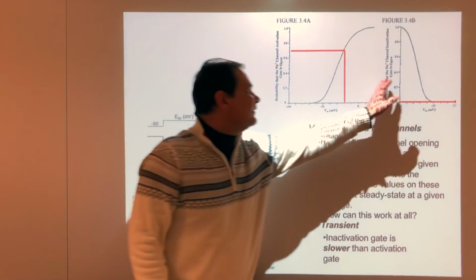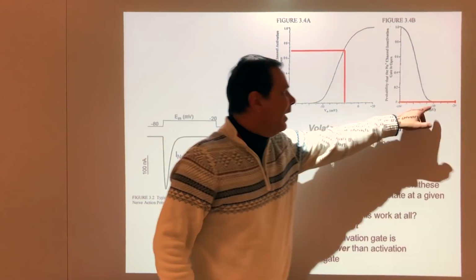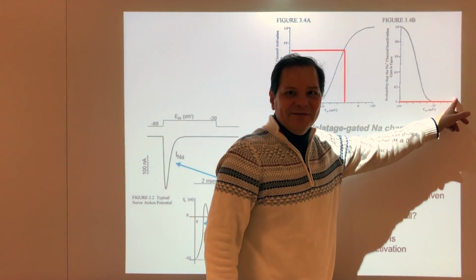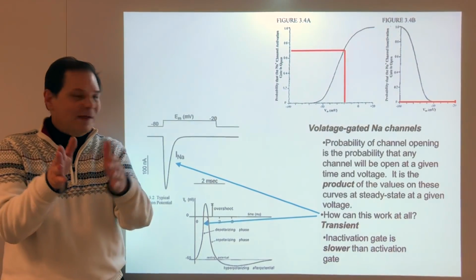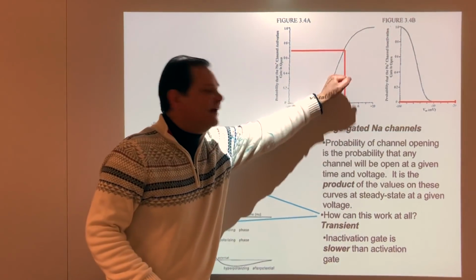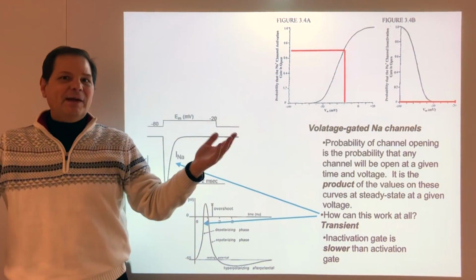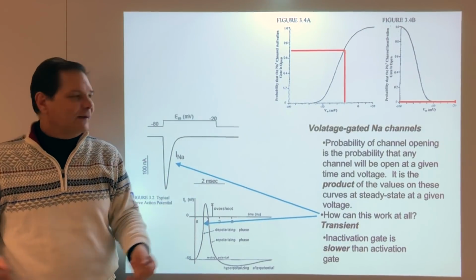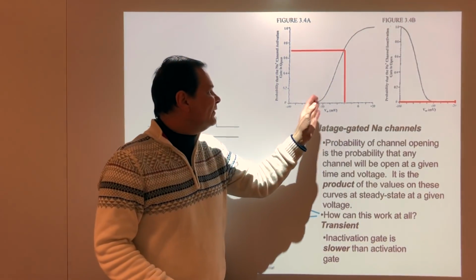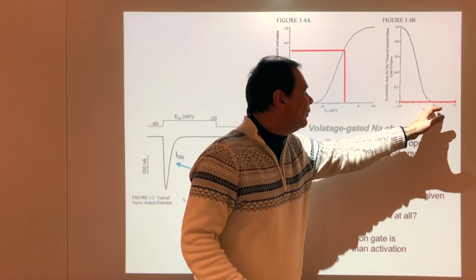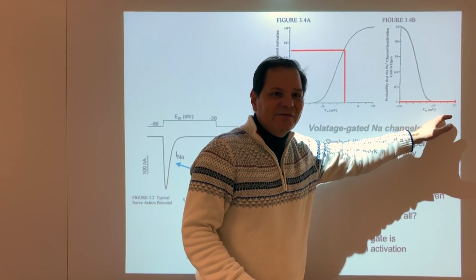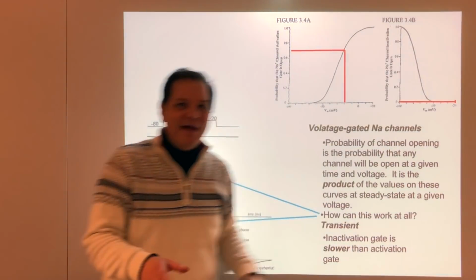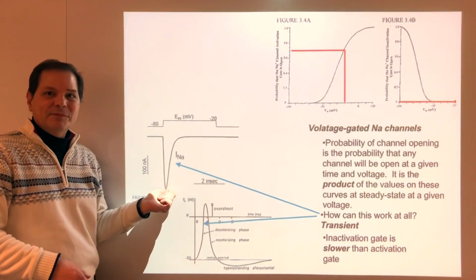But because there's a delay here where it takes a while for these gates to get to this 0 state, during that delay, during that period between when these activation gates open, like the dinner bell rang, like I stand up when the dinner bell rang, and the time when these lazy inactivation gates eventually decide to close, that's the period during which sodium flows.